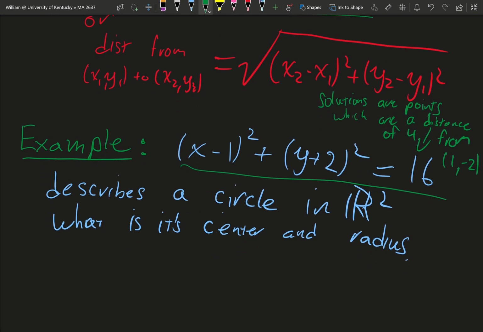So my center has got to be 1, negative 2, and my radius is 4.